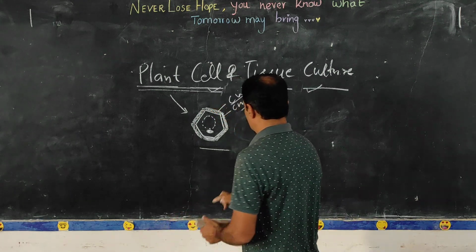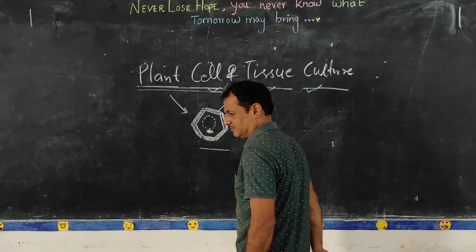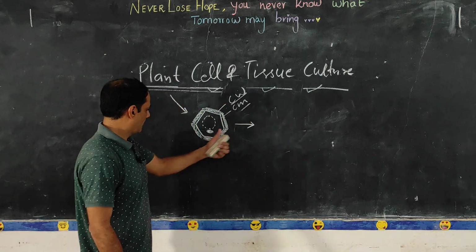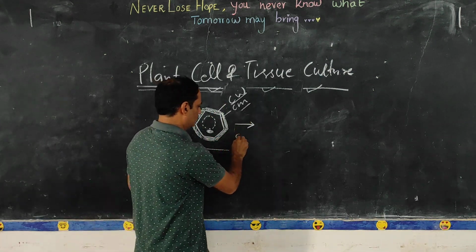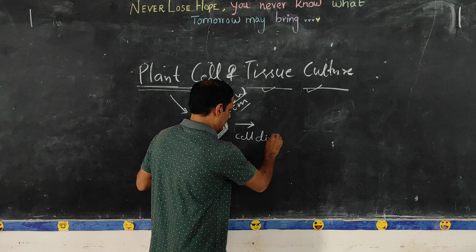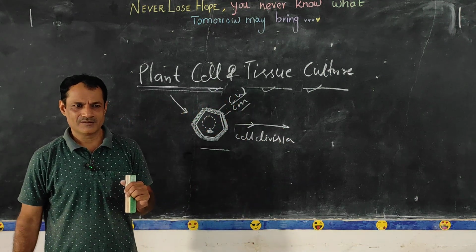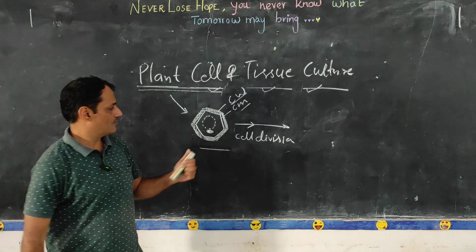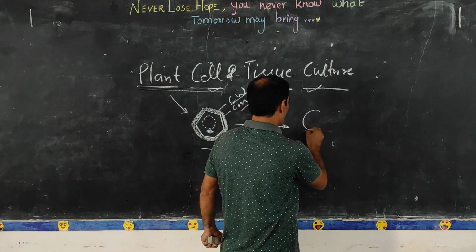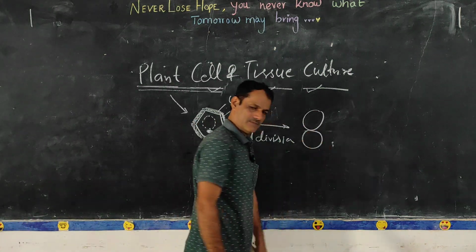So, when the plant cell starts cell division, cell division you understand? Yes, sir. Yes or not? Multiplication of cells. One cell becomes two cells. Yes or not?